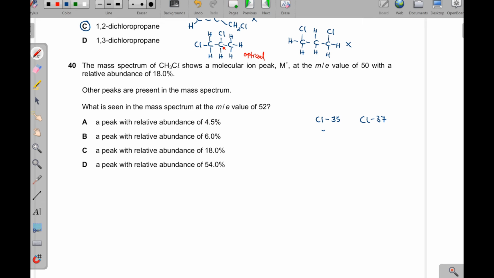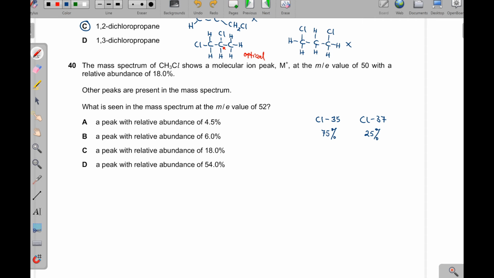This one is 75% abundant and this one is 25% abundant. Then the Ar of chlorine is 35.5, so it is nearer to 35 than to 37. That is why chlorine 35 is the most abundant.